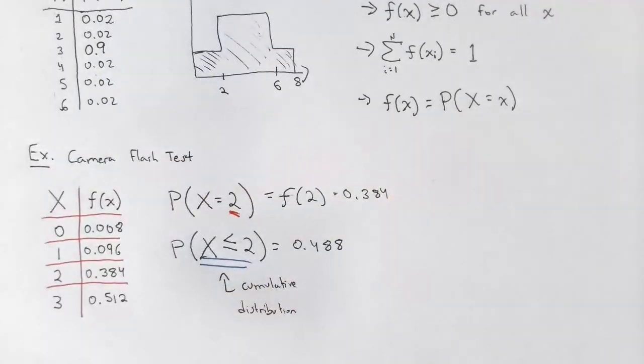Instead of looking at a probability for one specific event, we turn to the probability of a range of events from the first outcome all the way up to that one event. So that's what we call a cumulative distribution.